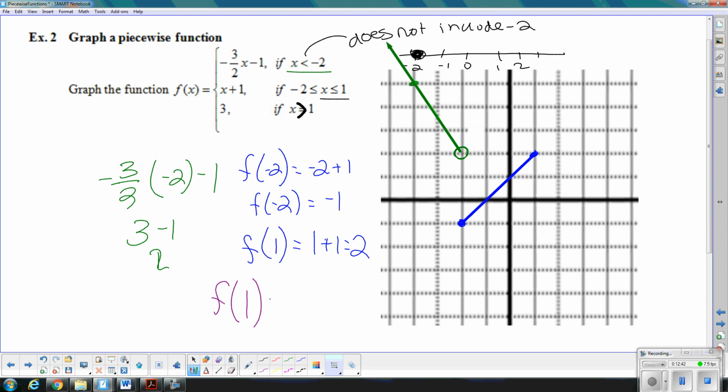And when my x is 1, my y is 3. It tells us right here. There's no function, it just says y equals 3. And that does not include 1. So 1, 3, I'm going to use a circle because it does not include that. And then anything greater than that, y is still going to be 3, and that's going to continue.